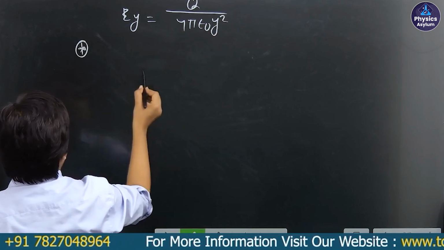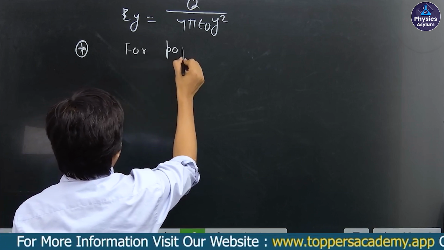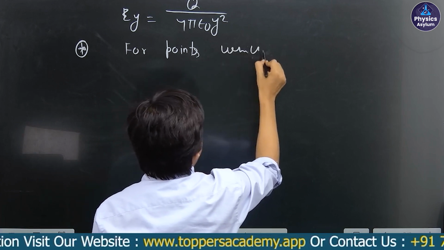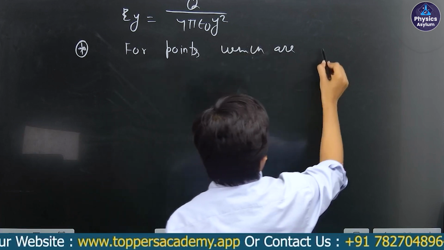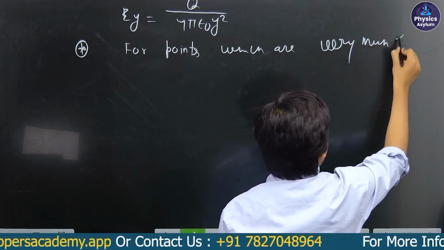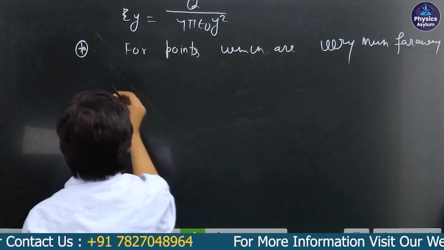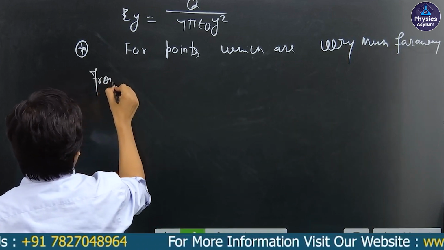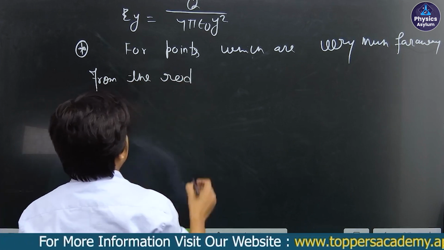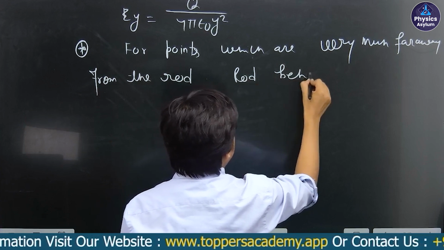It means that points which are very much far away from the rod behave like a point charge.